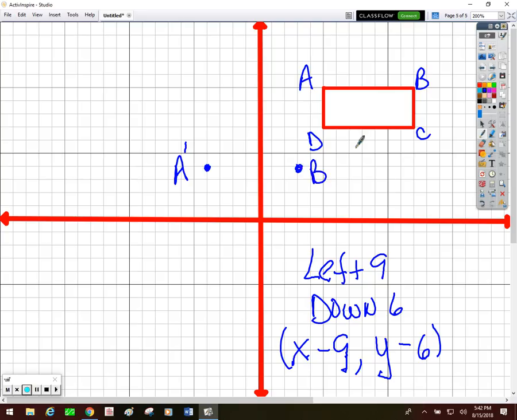There's B prime. All right, D. Left 9, down 6. There is D prime. And then C. Left 9, down 6. There's C prime.